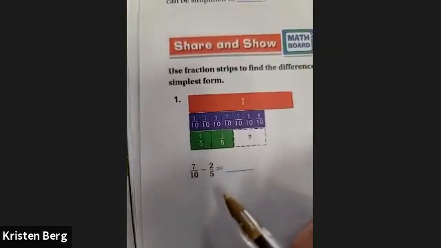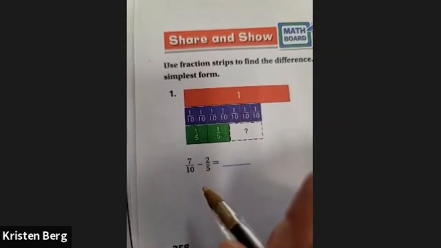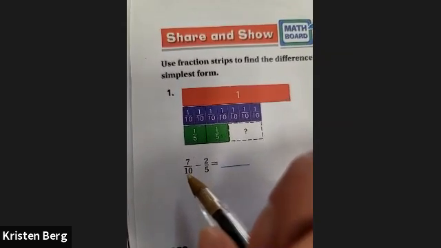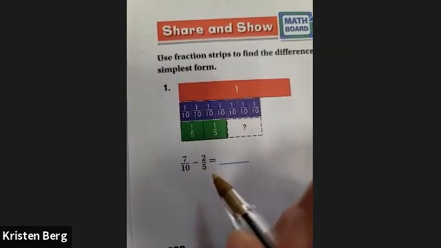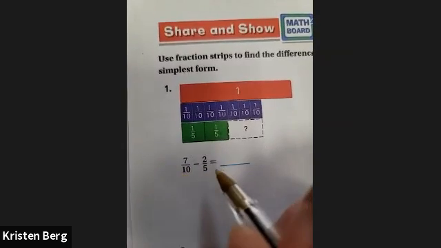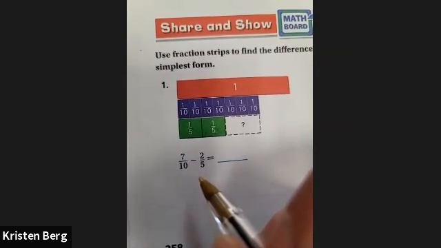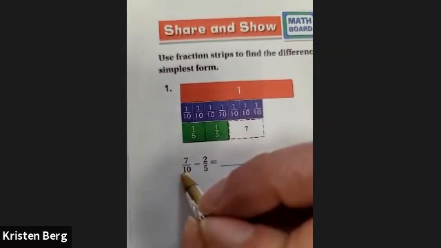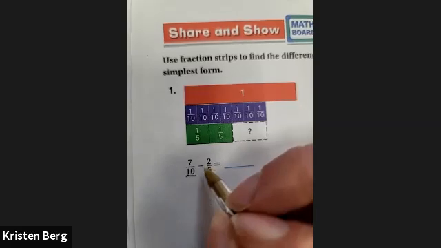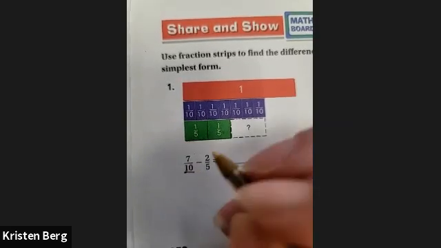All right, so on this one here, can I subtract these fractions? I cannot because they do not have a common denominator. So now I look at my larger one. Can I get a 5 to a 10? I sure can.